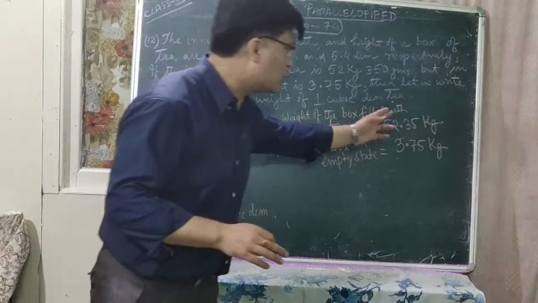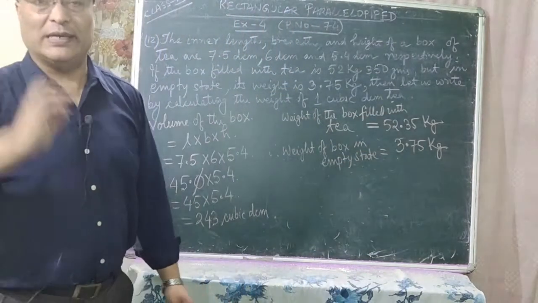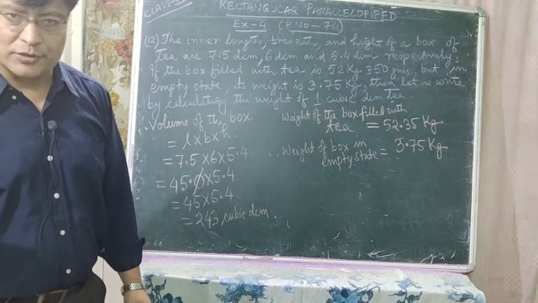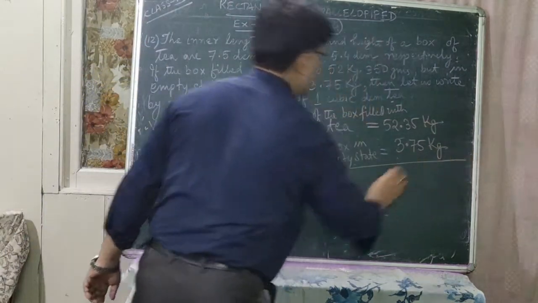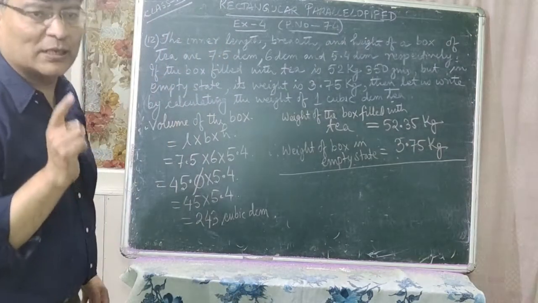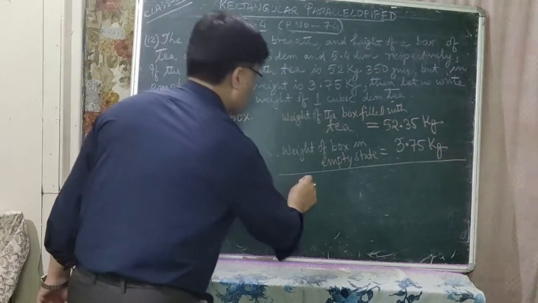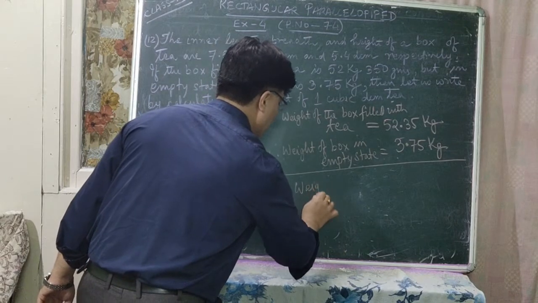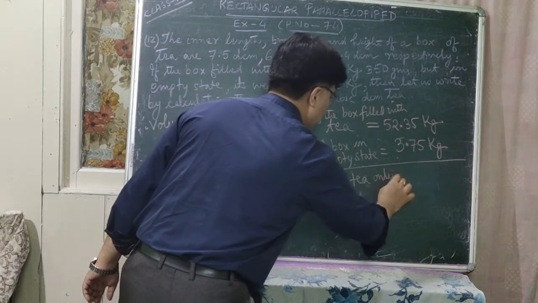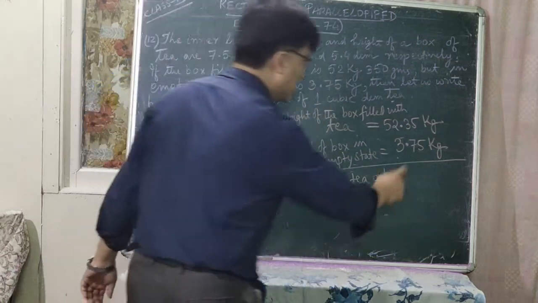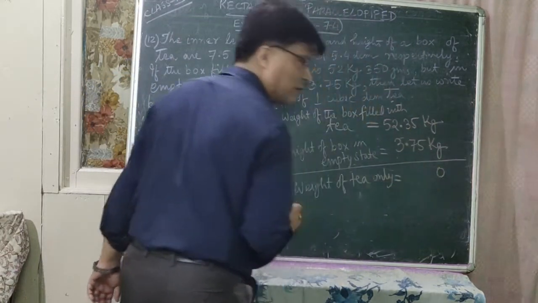If you subtract these two, you will get the weight of tea only, without the weight of the box. You will get the weight of the tea only. If you subtract them, you will get the weight of what? Weight of tea only. So weight of tea only is equal to, you can subtract it. Okay, 5 minus 5 is 0, right?